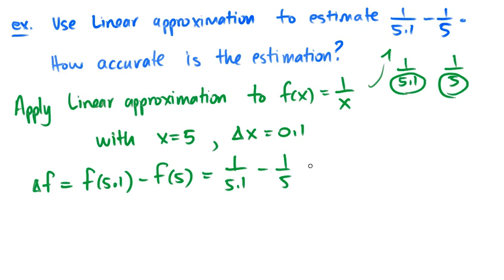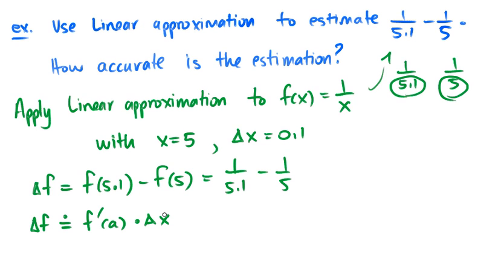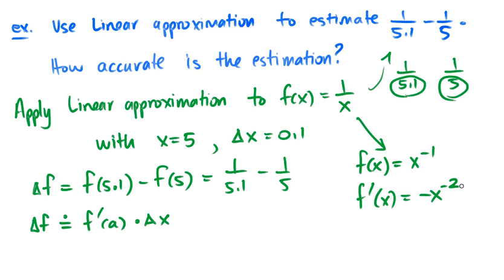So the linear approximation formula says the change in f is approximately equal to the derivative evaluated at a times the change in x. Our original function was x to the negative 1, and so our derivative function is negative x to the negative 2, and evaluated at a, which in this case is 5, is negative 1 over 25.